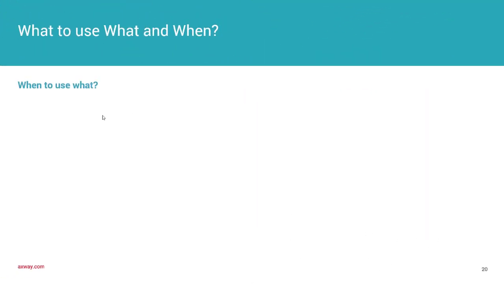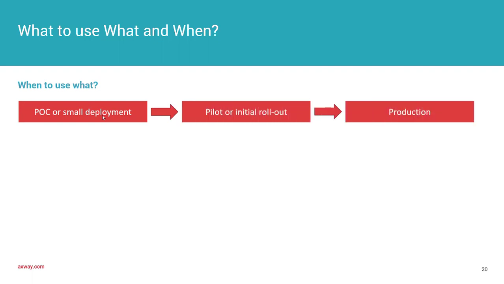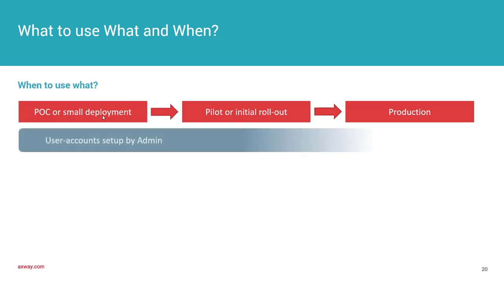So no matter if you provision the users manually, automated, or via API, there are several scenarios for when to use what. In a proof of concept or a small deployment, you would like to start with an administrator who provisions the user accounts in Syncplicity, and he would do that manually. But that is not the recommended approach for production.